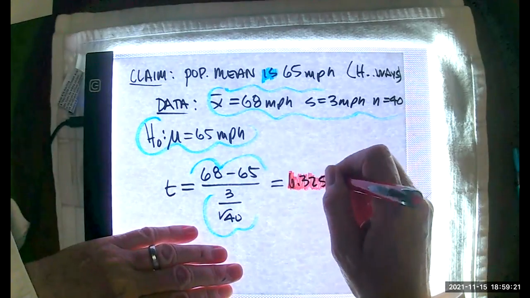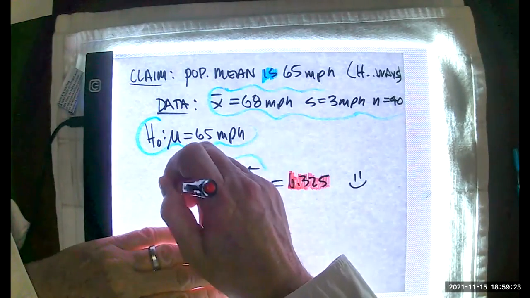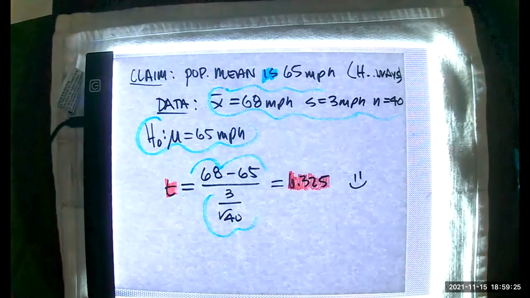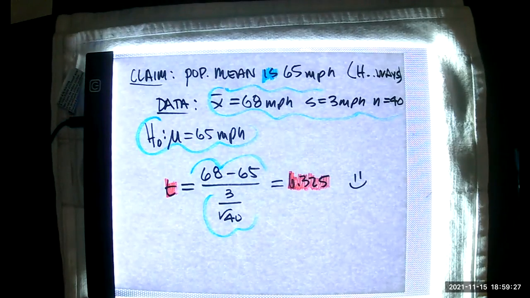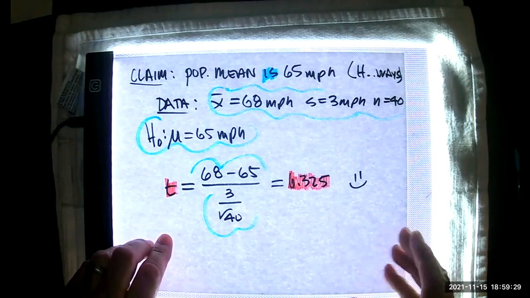About the only thing I will say is, remember, when you're working with a sample mean and a claim about a mean, the distribution we use is the t-distribution. All right, so that's really the detail of what people must know from the chapter 8.1 material.